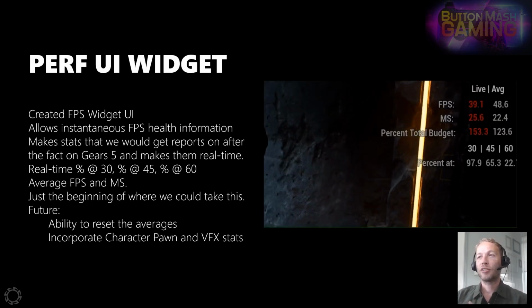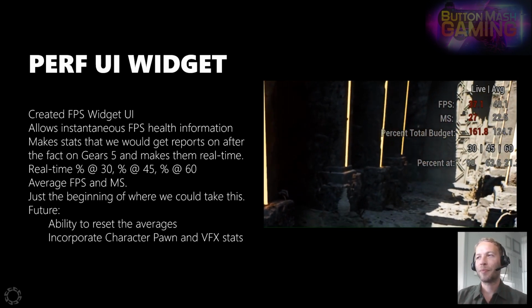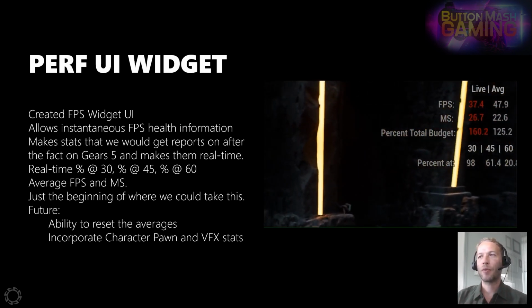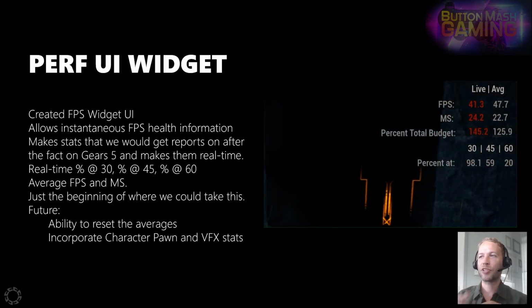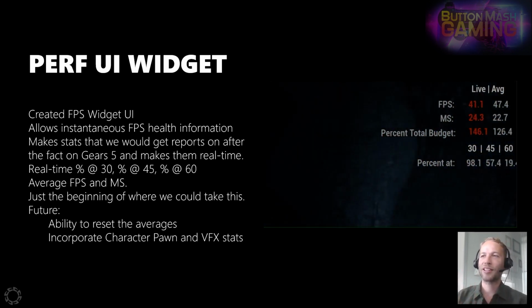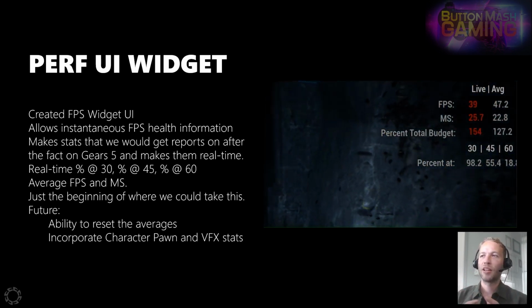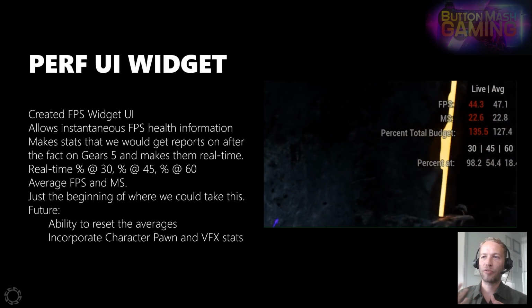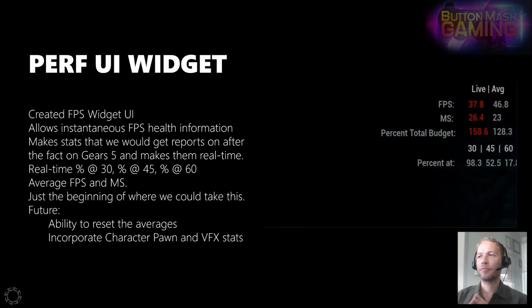Perf UI widget. We added a cool little blueprint. This was a pet project of mine where I wanted to get instantaneous frames per second, millisecond data, percent at 30, percent at 45, and percent at 60 while I was playing. On Gears 5, we would have to wait for QA to play the level and get the performance report back, and that was a little bit slow.